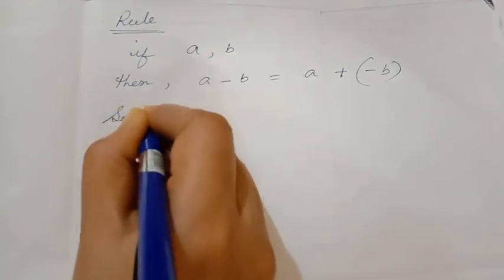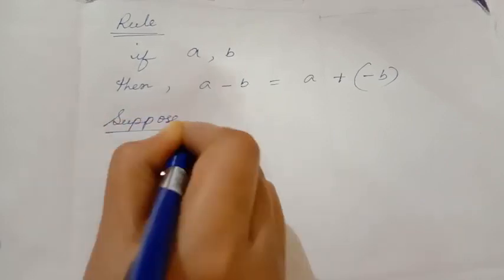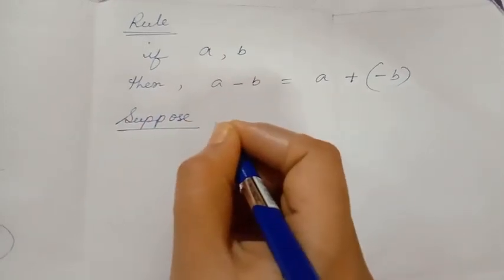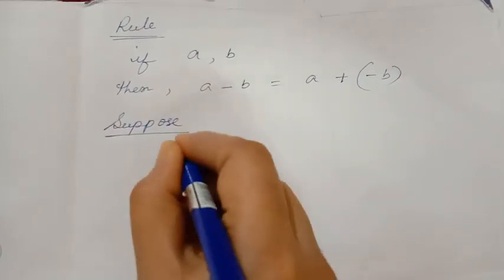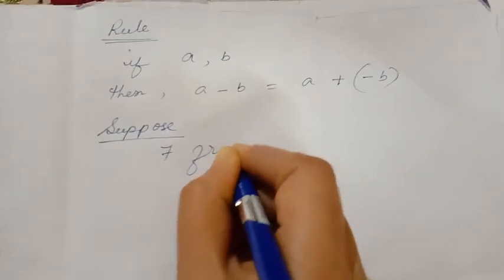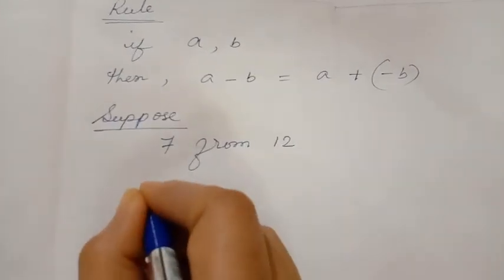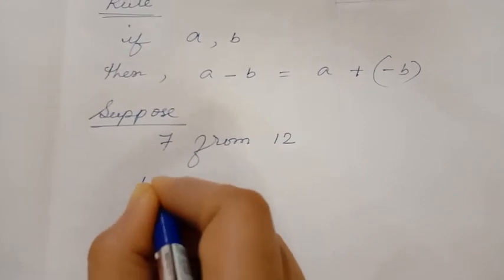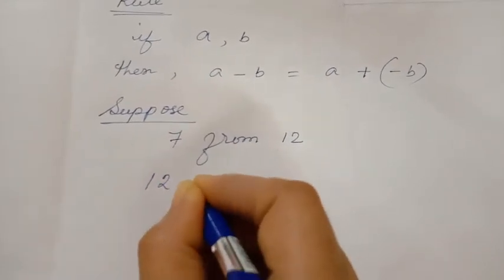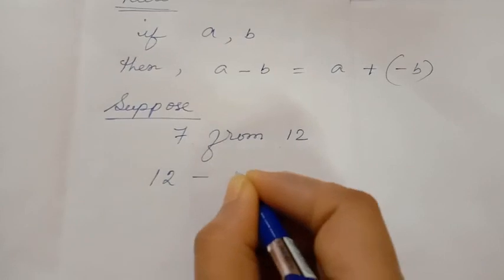Suppose you have to subtract 7 from 12. For that we have to write 12 minus 7.